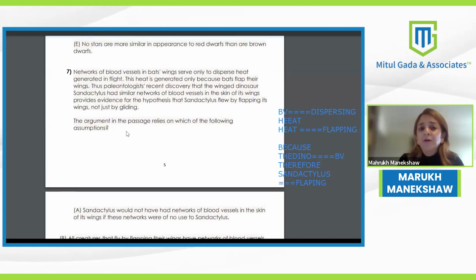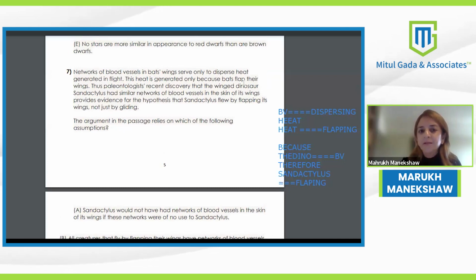Okay. We are told that the purpose of blood vessels is to disperse heat. Okay, the only purpose of blood vessels is to disperse heat. Of course, in bats, you've specified. Okay. Heat is generated only because of flapping.